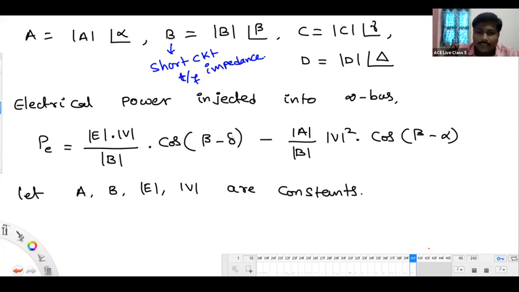Now, with respect to delta, what is the condition for maximum power transfer? See, it's a non-linear shape, right? Cosine of beta minus delta, it's a non-linear one. If it's a non-linear variation, what is the condition to get the maximum? We have to take the first differential and make it equal to 0 to obtain the condition for maximum.